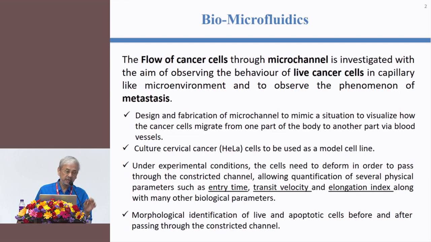And the diameter of these capillaries is in the range of 5 to 7 micron, whereas the diameter of the breast cancer cells ranges from 26 to 32 micron. Now something having a diameter of say 30 micron and passing through a capillary which has a diameter of 7 micron, it is unbelievable.